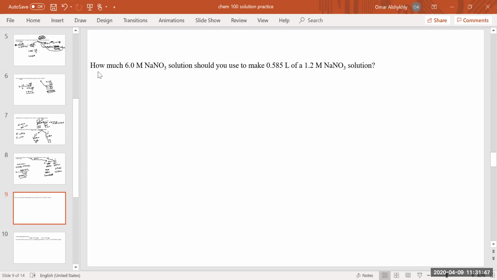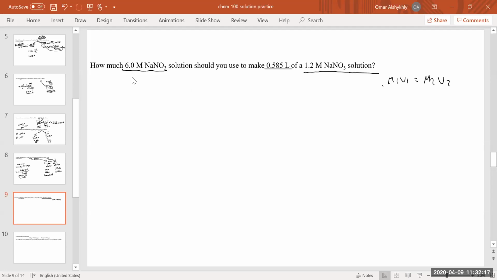Let's look at this question. How much 6 molar NaNO3 solution should you use to make 0.585 liter of 1.2 molar NaNO3 solution? So here M1 V1 equal M2 V2.